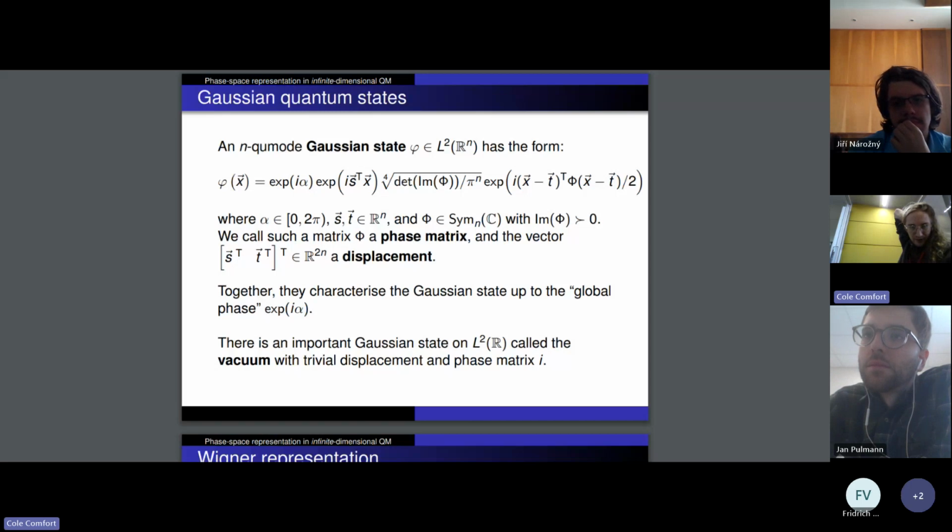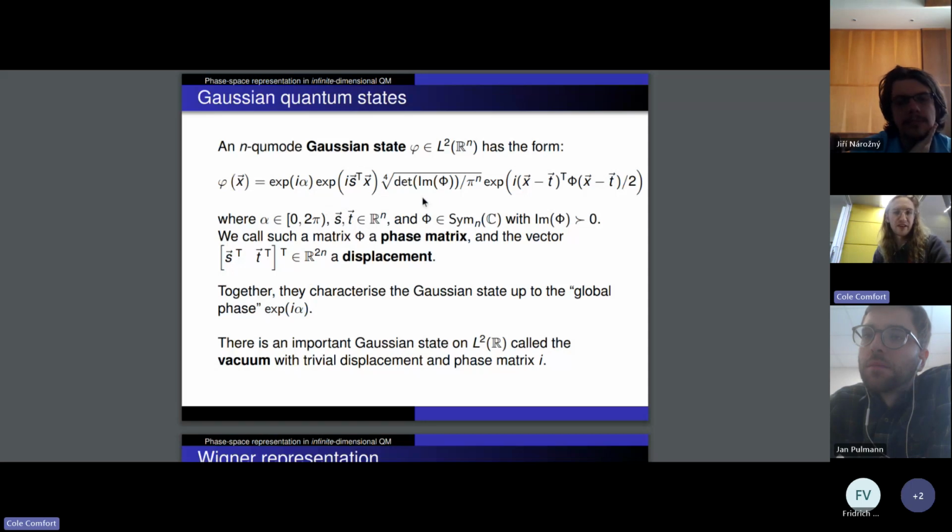This is determined by some arbitrary phase alpha, which we can forget about, because we're only going to be able to find a projective representation anyway, so we don't care about non-zero scalars. And then there are these two variables, s and t, and together we'll call that the displacement.